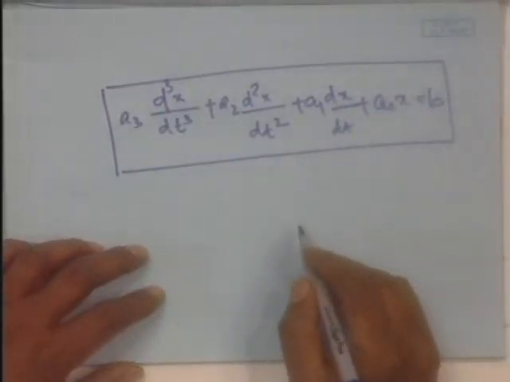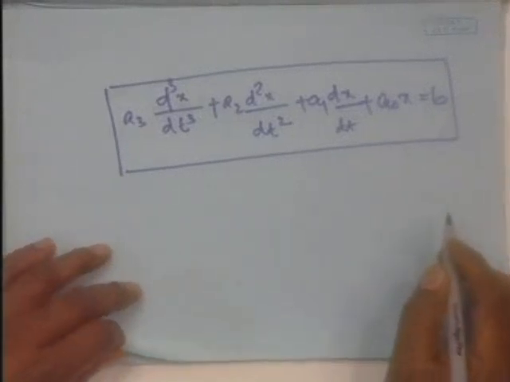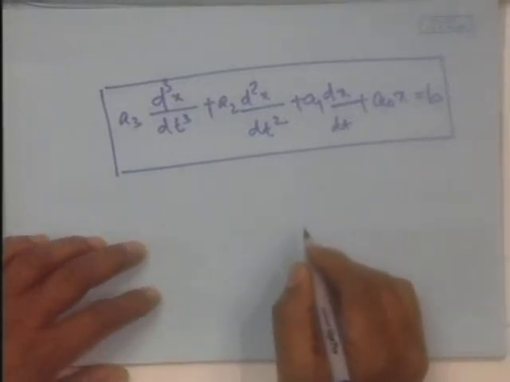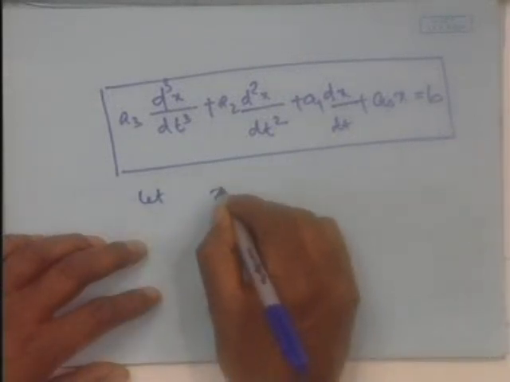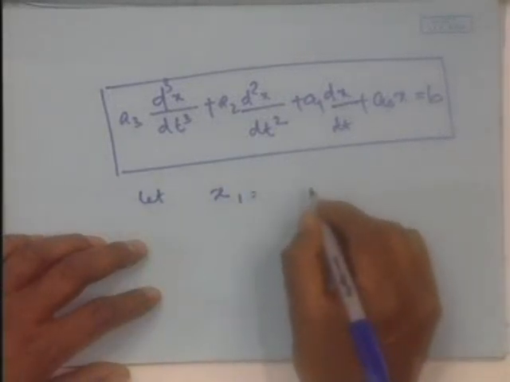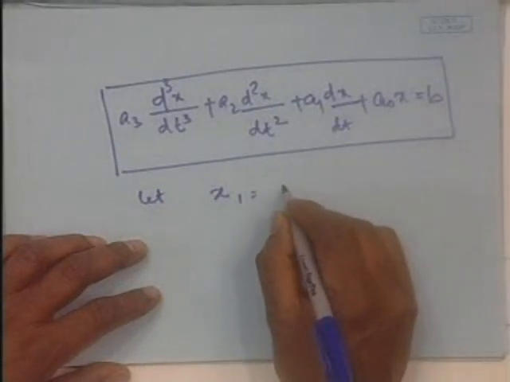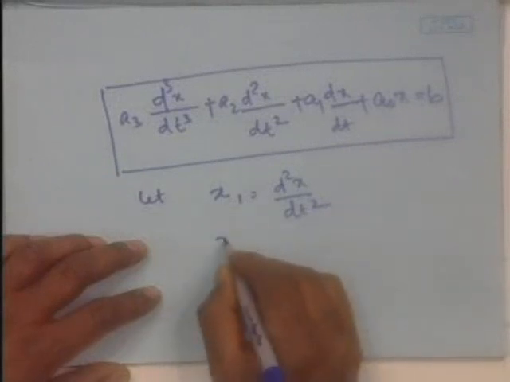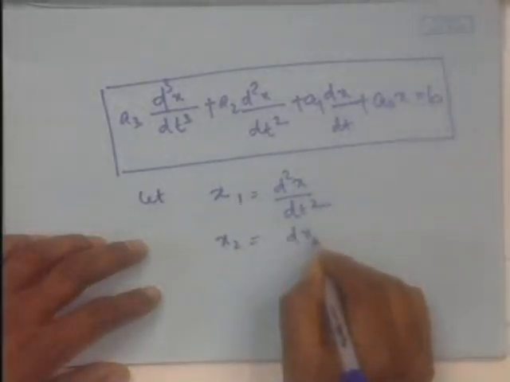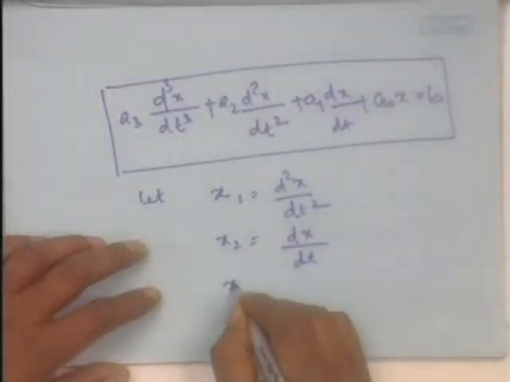So this equation can be written in the form of a state space. For example, I shall take x1 to be equal to d square x by dt square. I can take x2 to be equal to dx by dt and x3 to be x.